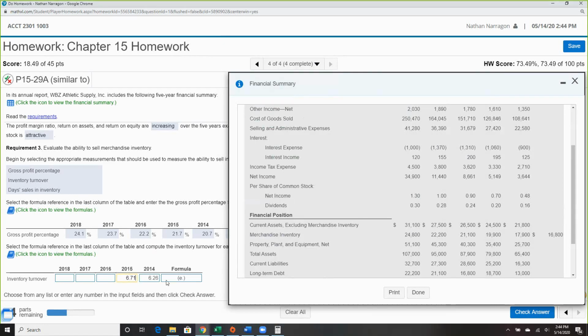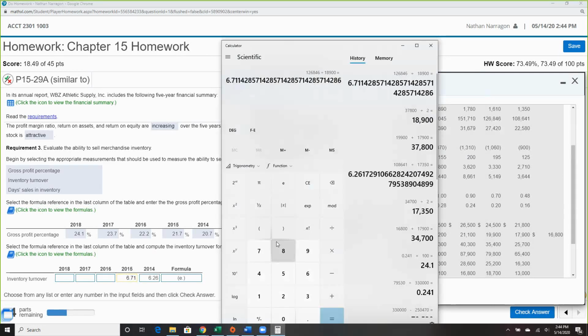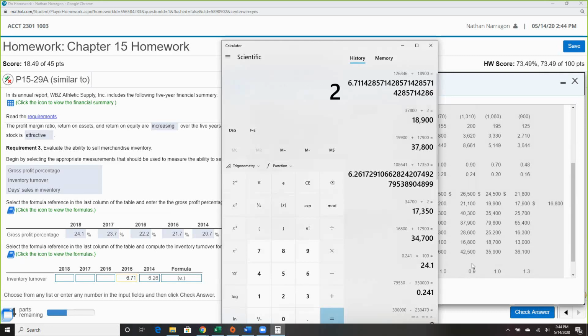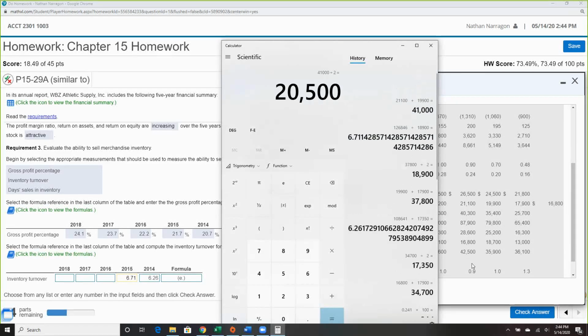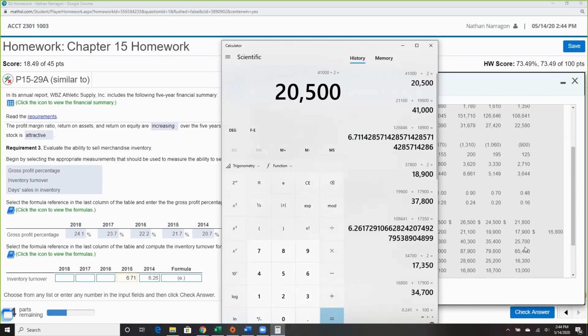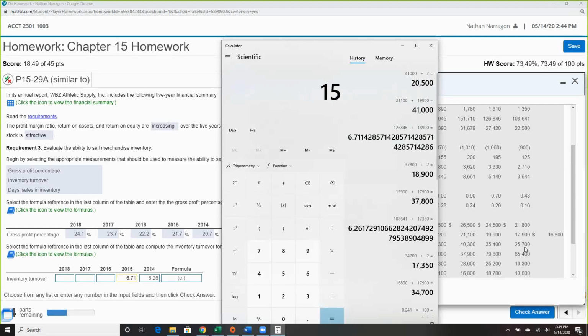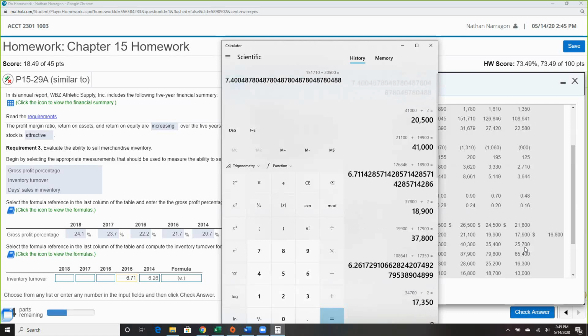Okay, 16. Do the same. Find our average first, which is 19,900 divide by 2. Then we take our cost of goods sold, 51710, divide by our average, 7.40.